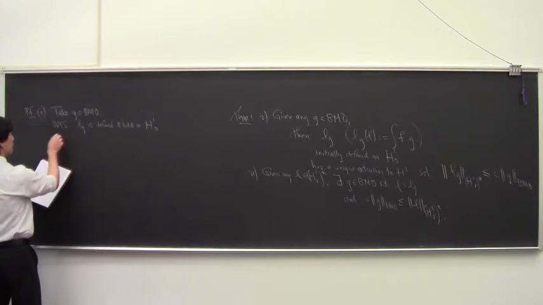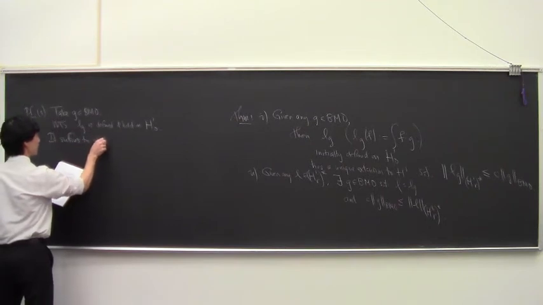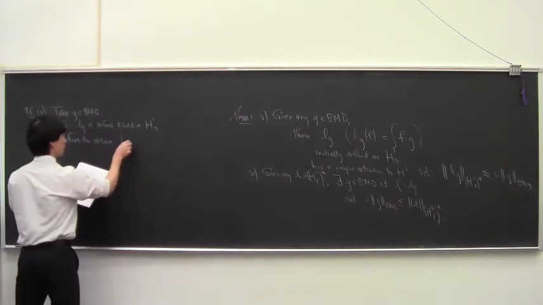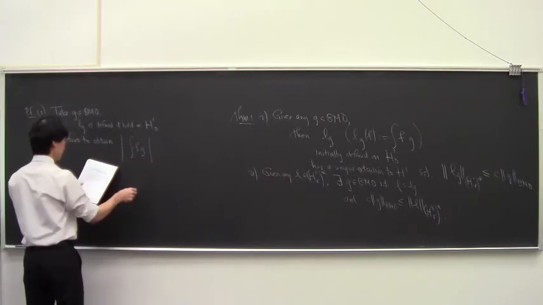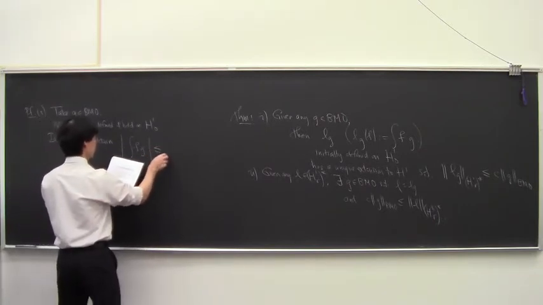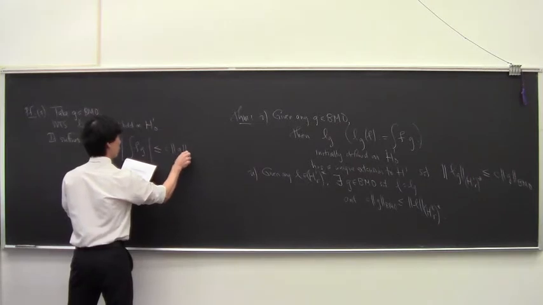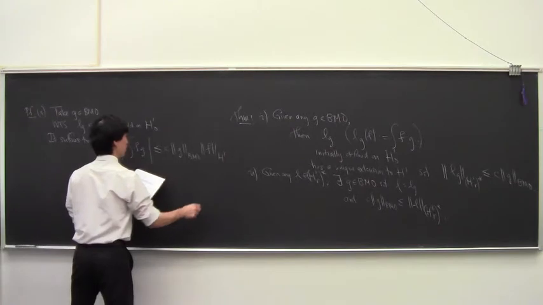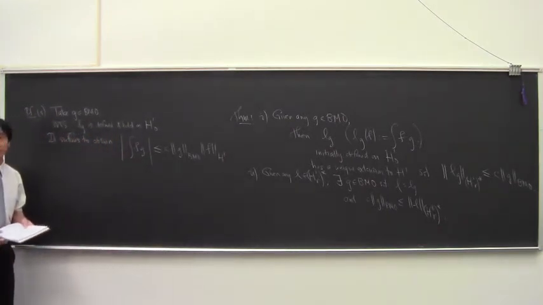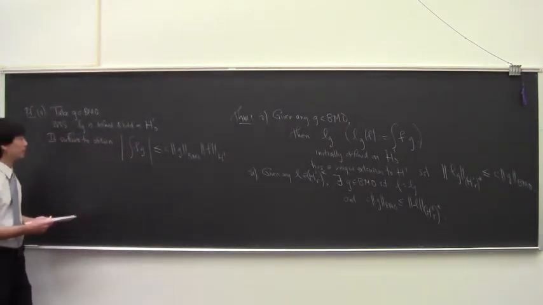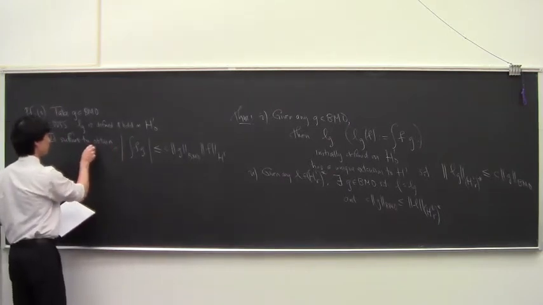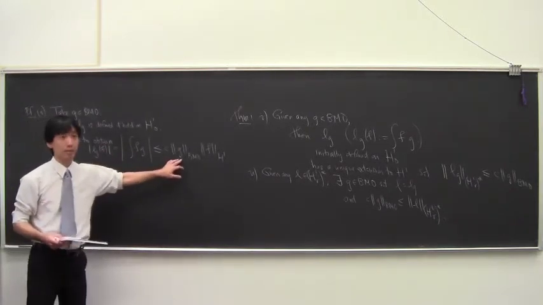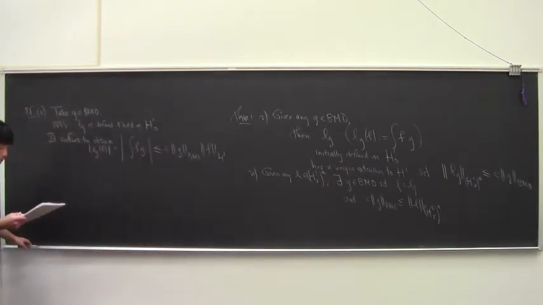So you see that it suffices to obtain this inequality, that this is controlled by some constant times the BMO norm of G times the H1 norm of F. This is L_G of F. It suffices to show this, because that's exactly what we're looking for.